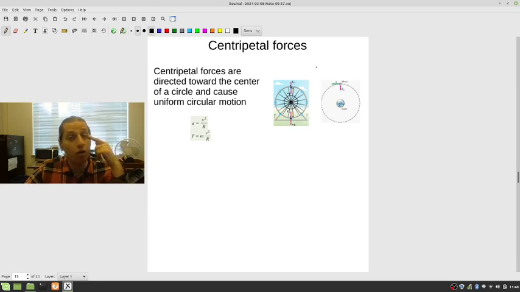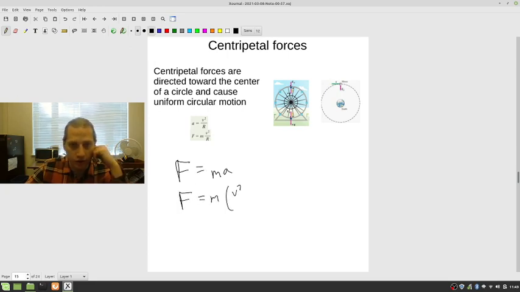In this unit, all we did with this was to say, what if we start to think about which forces are causing that uniform circular motion? The centripetal force, it's just F equals ma. What if we put in as our acceleration v squared over r?